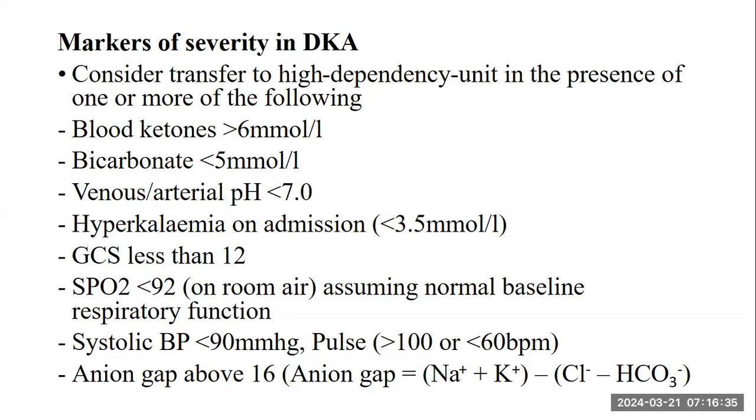Systolic BP less than 90 millimeters of mercury. Pulse greater than 100 or less than 60 beats per minute. Then the anion gap above 16. Next slide.